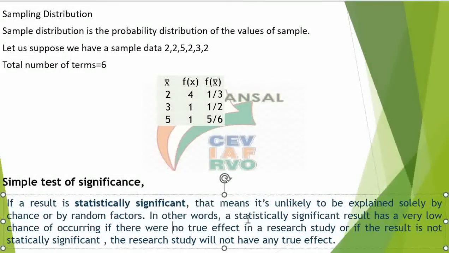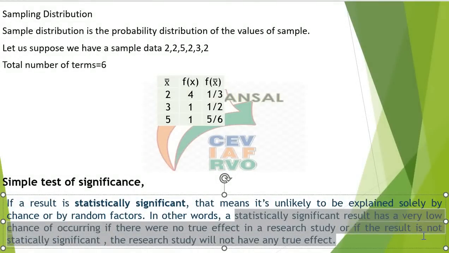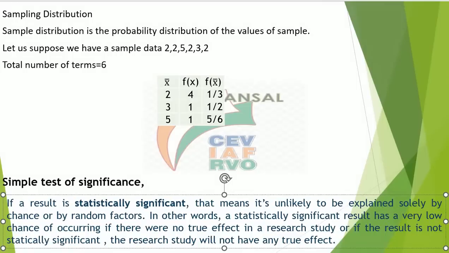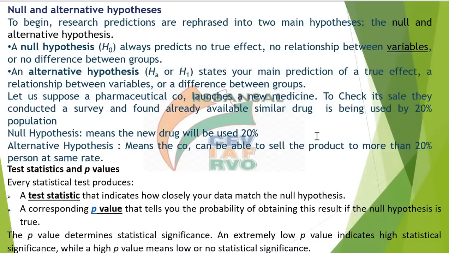In other words, a statistically significant result has a very low chance of occurring if there was no true effect in the study, and if the result is not statistically significant, the study will not have any true effect. To make things more clear, we will take some examples.